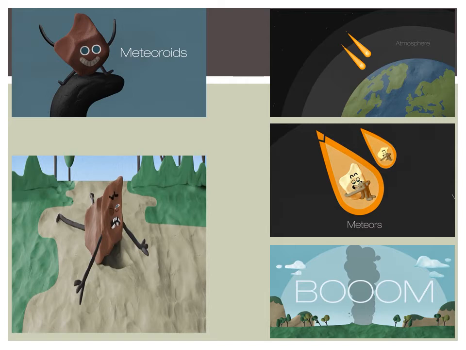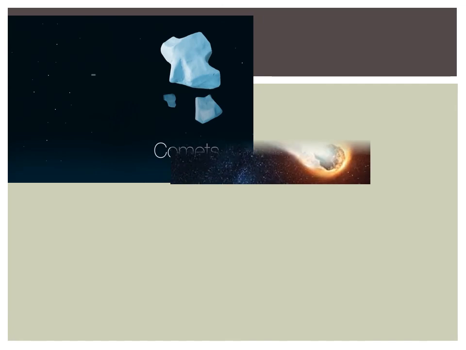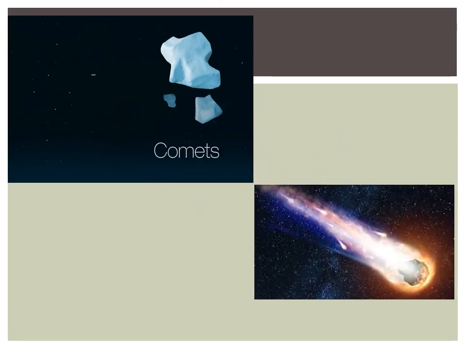Okay, and the last body is called comets. Comets are like frozen gas, and they might go inside the atmosphere or air of Earth.